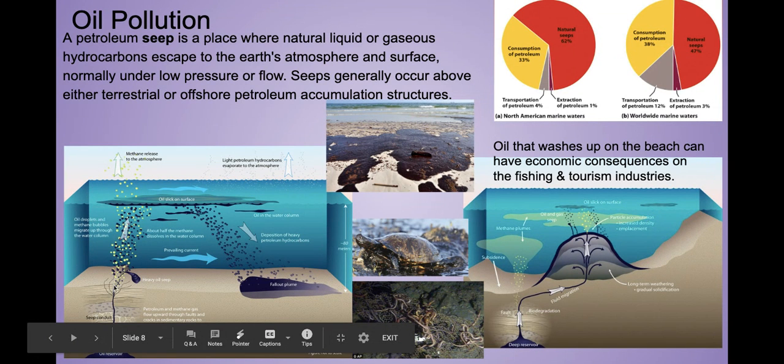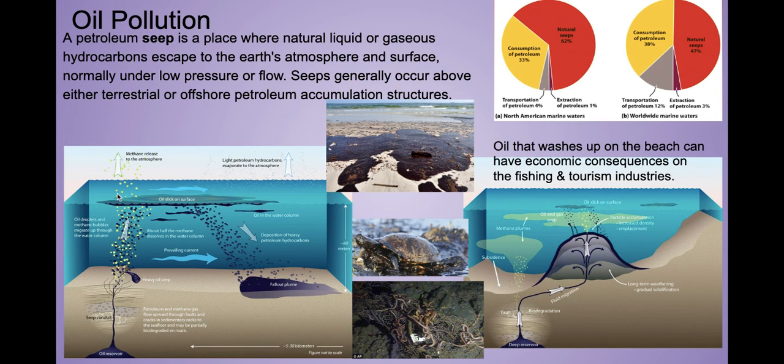However, if there is a leak of that, these hydrocarbons tend to escape into the water, and because of currents, if they enter into the water column, they can be transported. It can travel a long way, and it can pollute other areas.